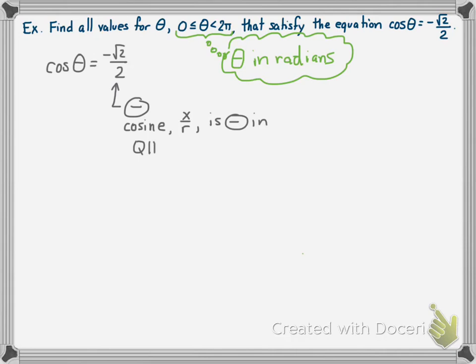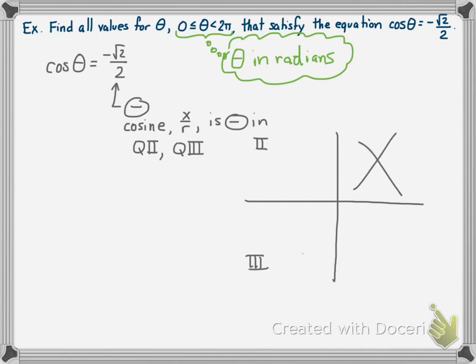So quadrant 2 and quadrant 3. So I know that I'm looking for angles in quadrant 2 and quadrant 3, and I'm ignoring quadrants 1 and 4.